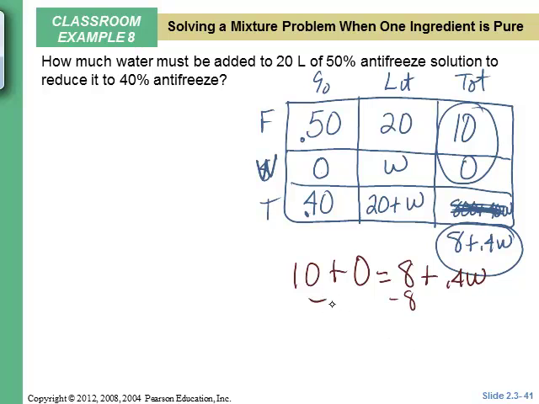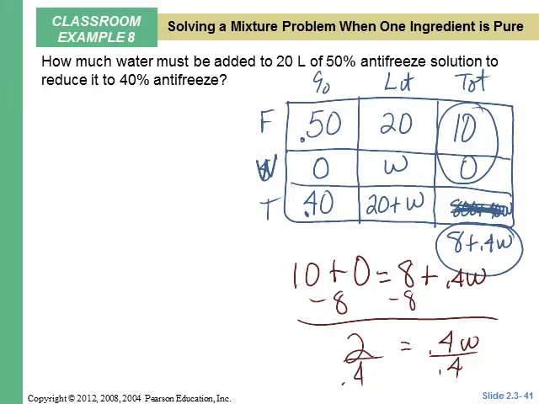Subtract 8 from both sides. We get 2 is 0.4W. Divide both sides by 0.4. 2 divided by 0.4 is 5. So W is 5.